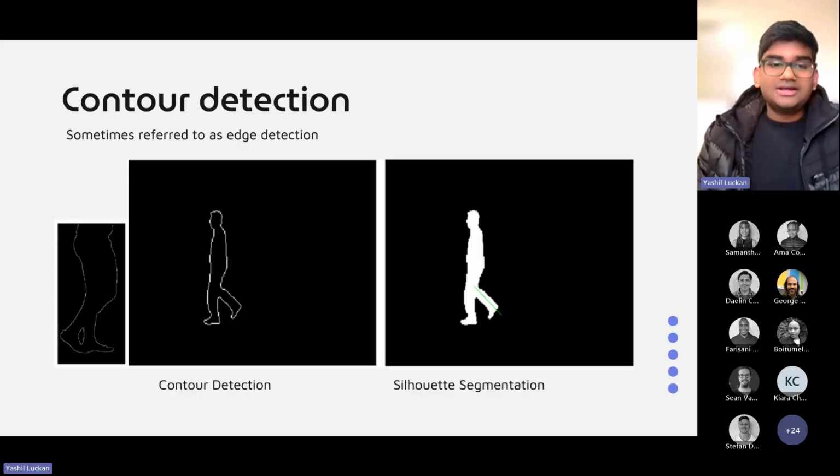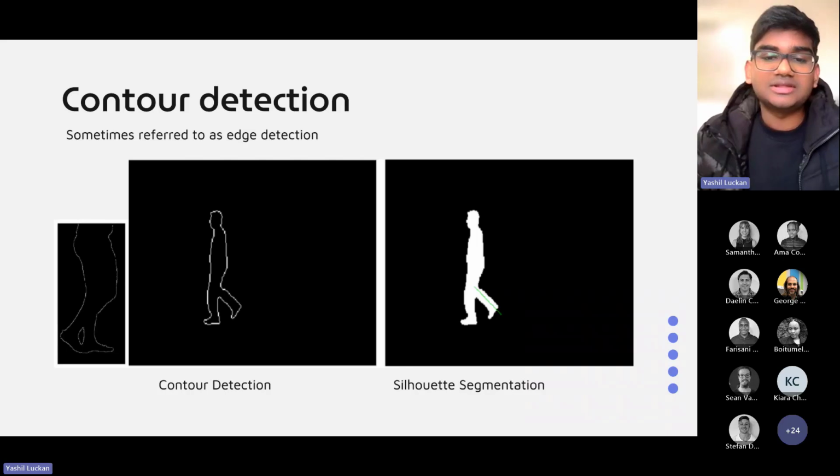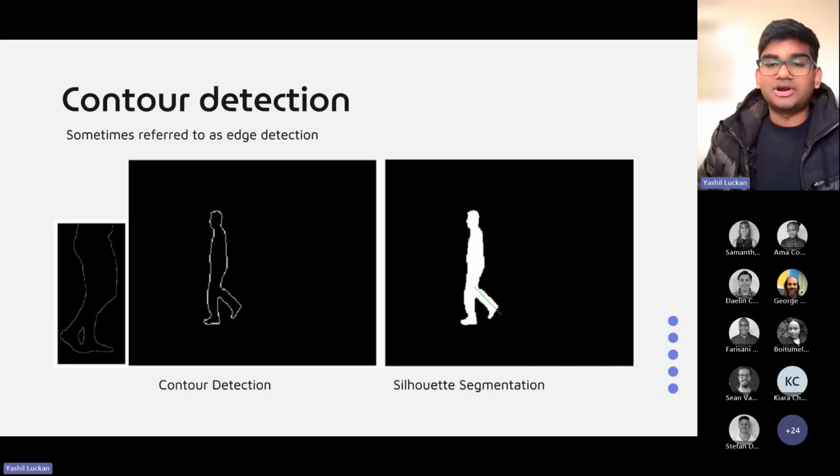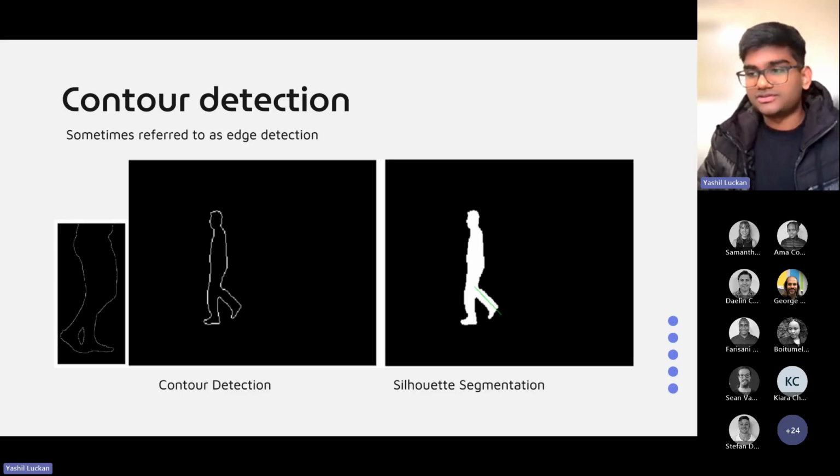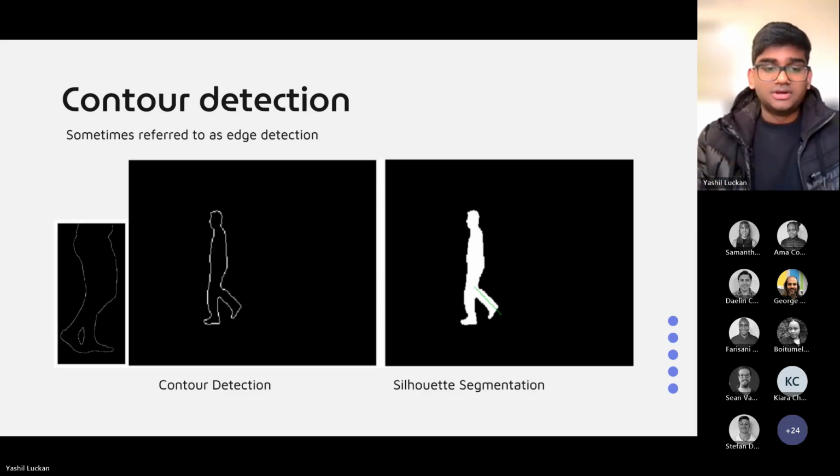Next up, the system will delineate the boundaries of the human body by highlighting just the contours. The methods to achieve this vary depending on the hardware that's used, whether you're using cameras or wearable sensors.